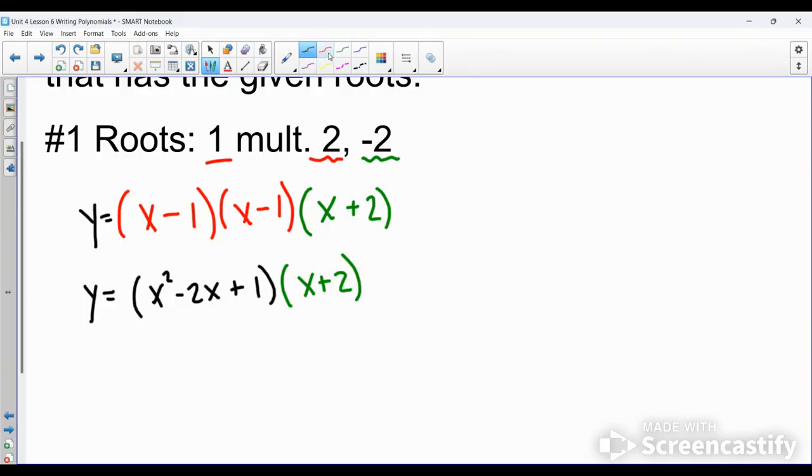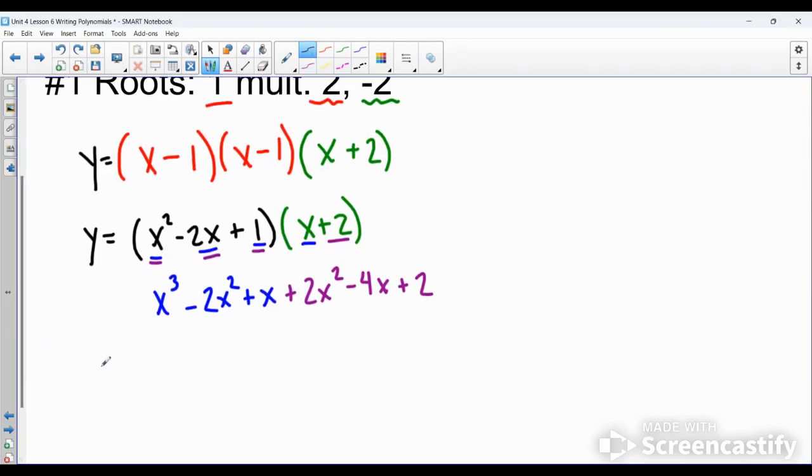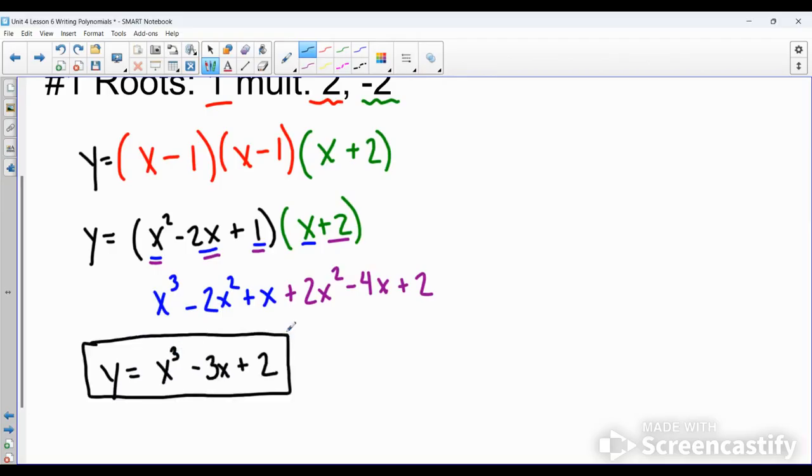So this ends up being x times all of these components, and then the positive 2 times all of these terms. So you do want to make sure that you combine like terms at the end of all of this. So that is your final answer. So that is the polynomial that has the roots of 1 multiplicity 2 and negative 2.